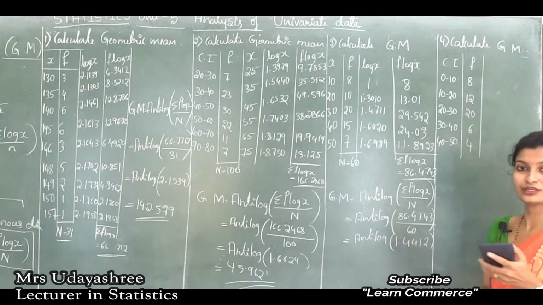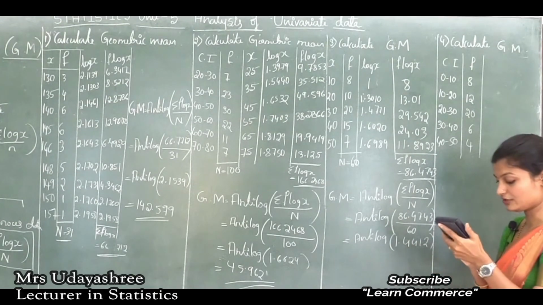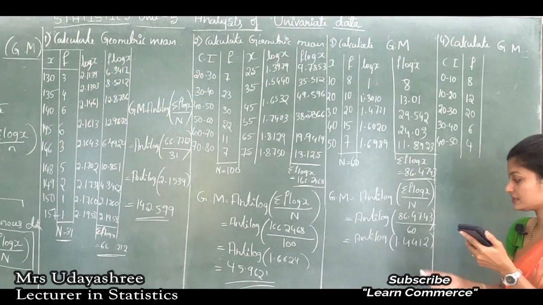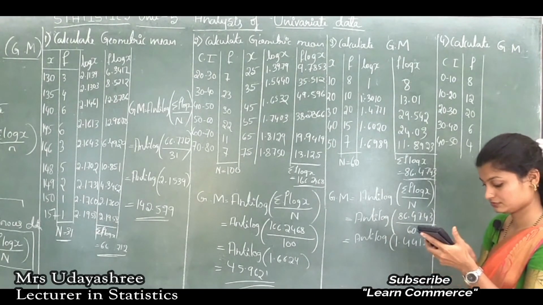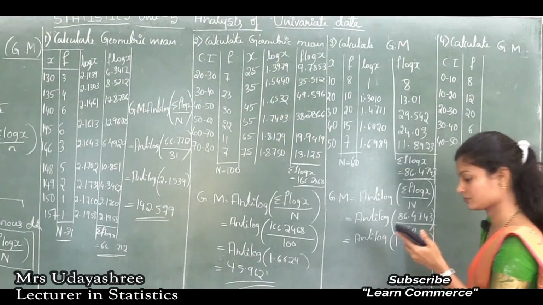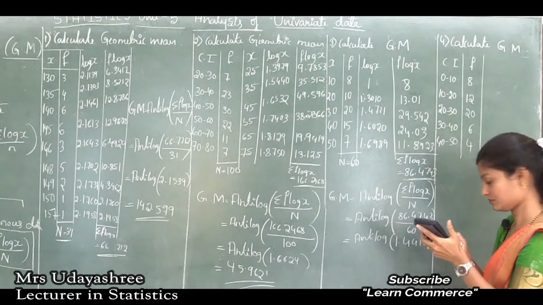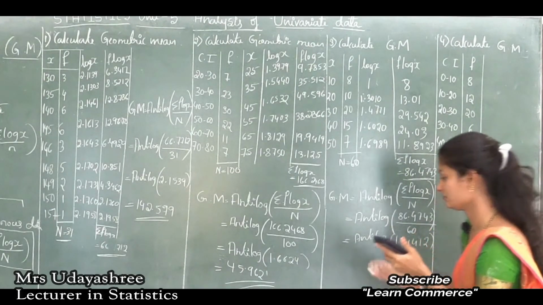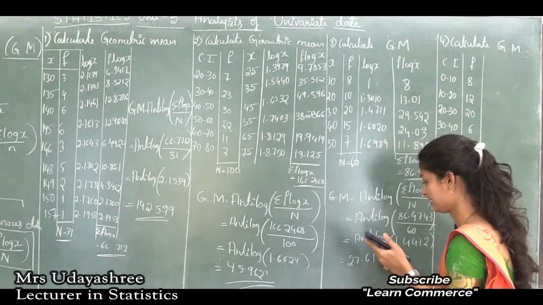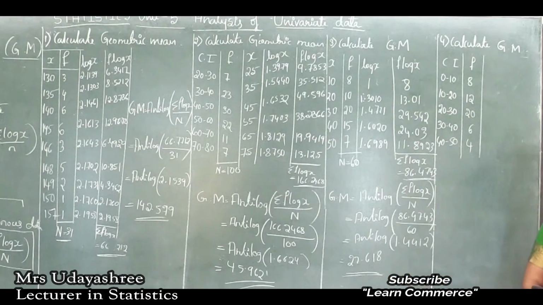Then how to calculate anti-log? That is shift log of this value. Here the value is 1.4412, and we got geometric mean is 27.618.